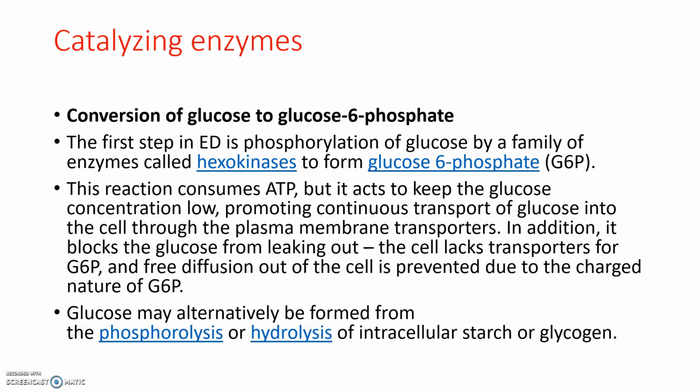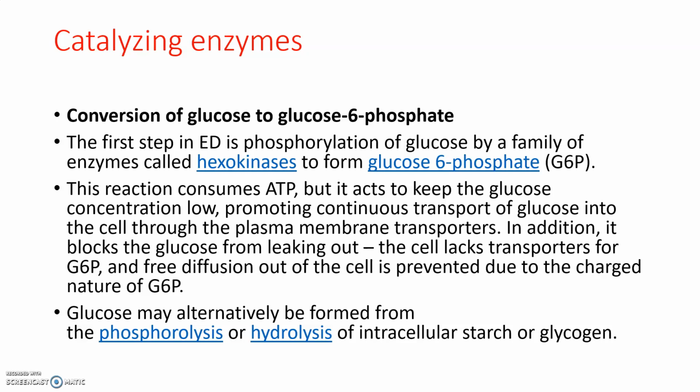In addition, it blocks the glucose from leaking out. And also the cell lacks the transporters for glucose 6-phosphate. So, the transporters are not present for this intermediate, glucose 6-phosphate. This may result in free diffusion out of the cell, and that can be prevented due to the charged nature of G6P.